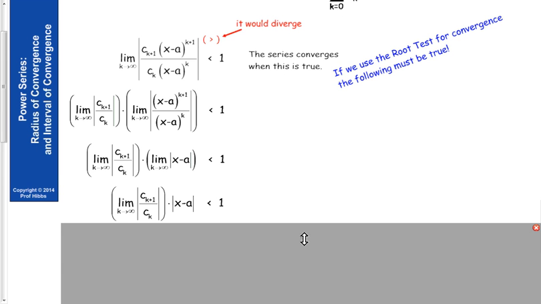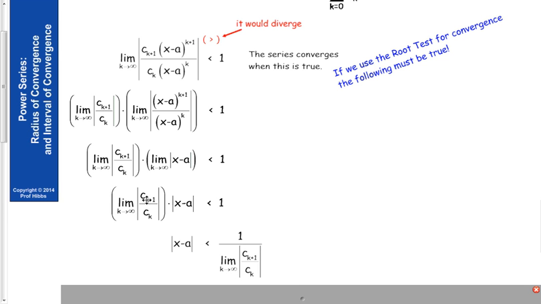And that's what we want, to make sure it passes the test so we know it converges. Now, as k goes to infinity, the absolute value of x minus a is not changing at all. It's just a constant in terms of k changing. So the limit of the absolute value of x minus a as k goes to infinity is just the absolute value of x minus a. That's all I've changed here. Once again, this inequality has to be true in order for the series to converge.